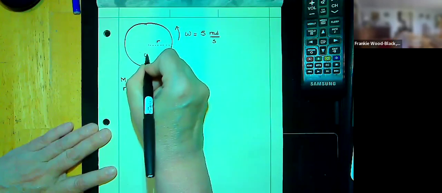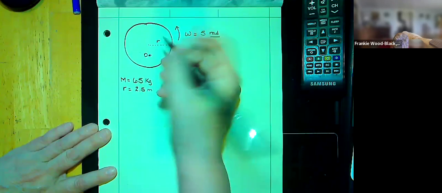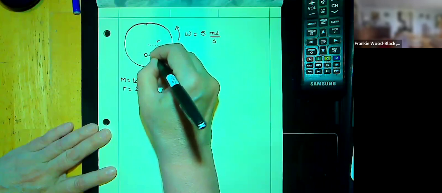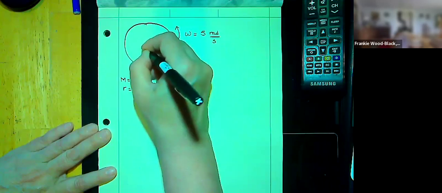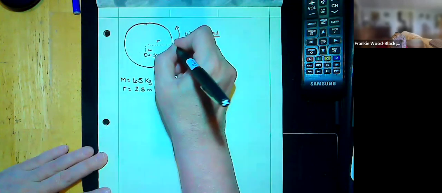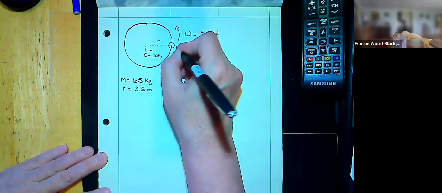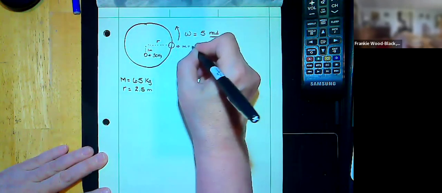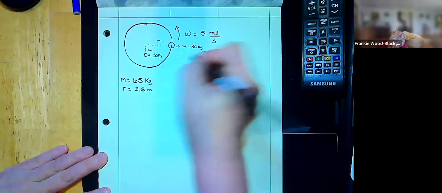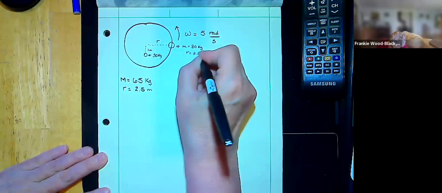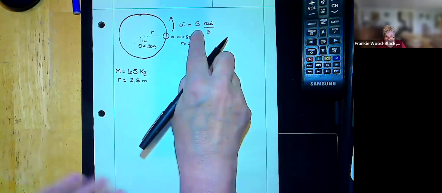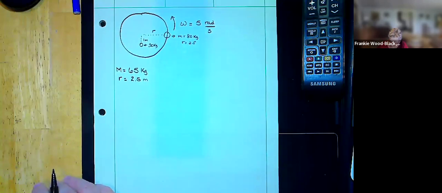We're going to put a kiddo here, and this kiddo has a mass of 30 kilograms, and that kiddo is going to be at 1 meter away. And we have another kiddo over here with a mass of 80 kilograms, at 2.5 meters away. And we're rotating at 5 radians per second.